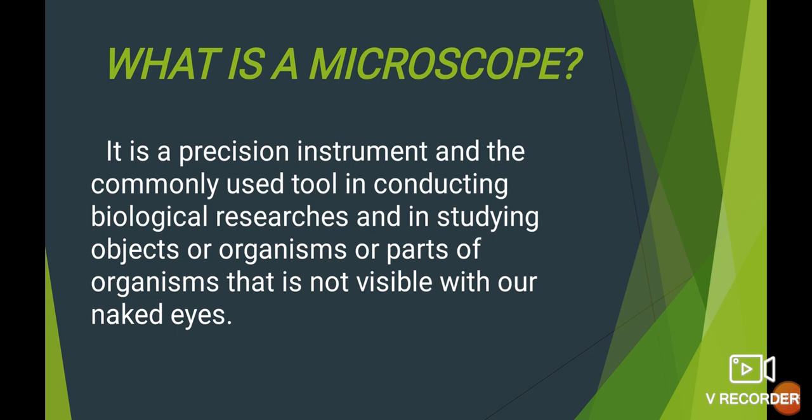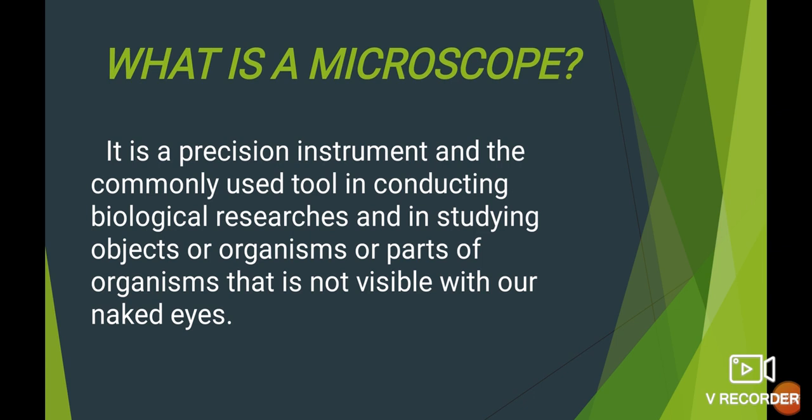That is why the microscope has introduced us to advancements in science, in discovering more about what surrounds us. So what is a microscope? It is a precision instrument and the commonly used tool in conducting biological research and in studying objects, organisms, or parts of organisms that are not visible to the naked eye.